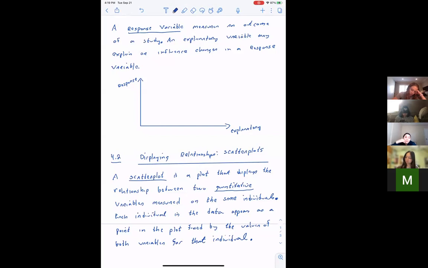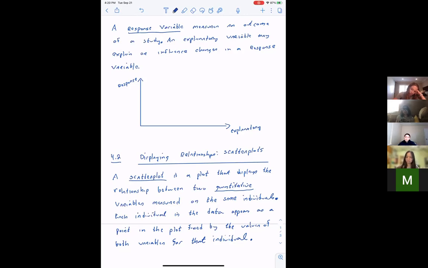But at the end of the day, what is a scatter plot? You have a number of individuals. For each one, you're measuring two variables, what's going to appear on your x-axis and on your y-axis. So each point, each dot in the diagram is one individual.